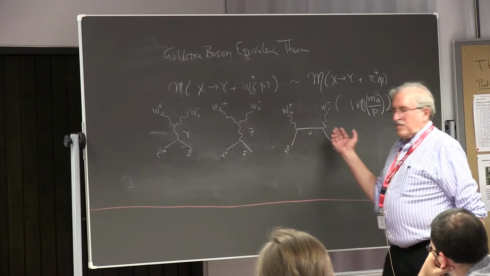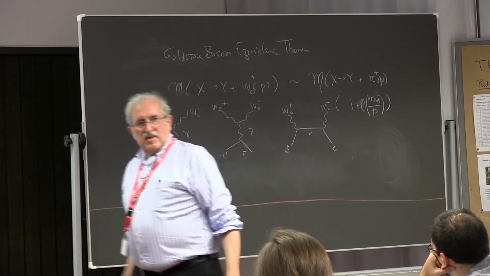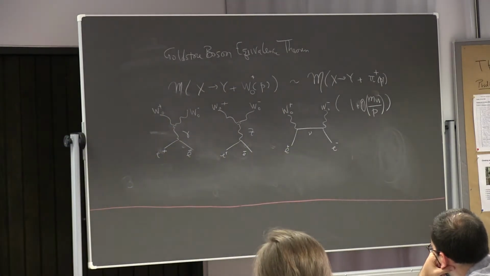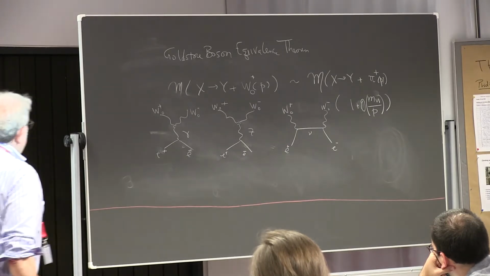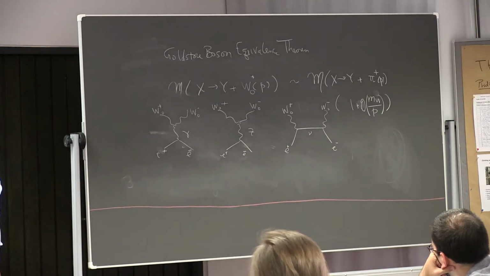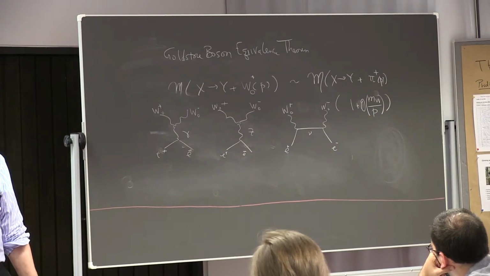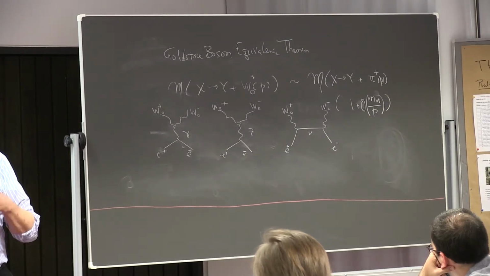And there is the possibility of cancellation among those diagrams. So looking at one diagram is not enough. It never is. But a question that we can ask is, what does the Goldstone boson equivalence theorem say about this process? So probably the first thing we should do is ask, what are the Feynman diagrams by which E plus E minus can produce a pair of Goldstone bosons?